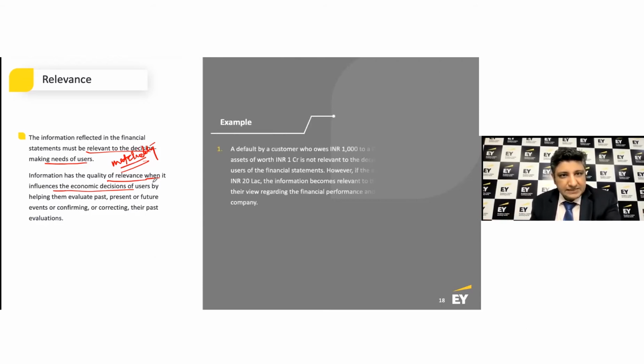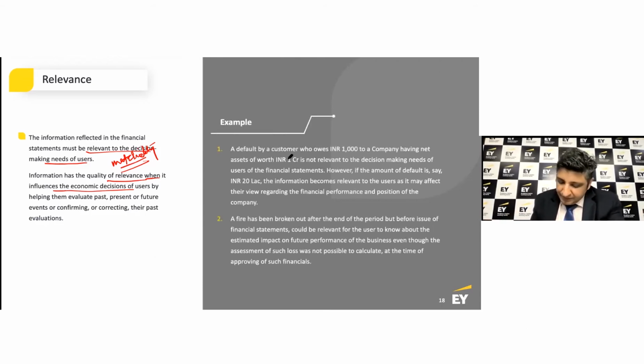Let's take a very small example around it. A default by a customer who owes 1,000 rupees to a company with assets worth 1 crore rupees is, of course, irrelevant. You don't have to really go into detail. But maybe a default of, let's say, 20 lakh rupees really becomes critical, relevant information.